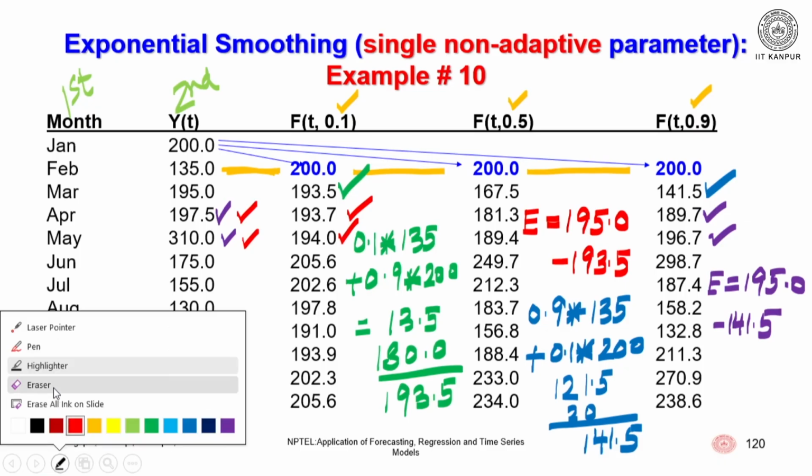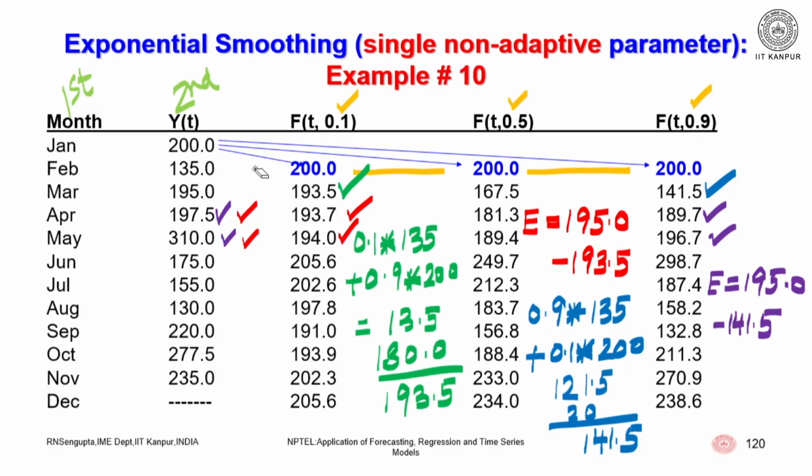I can give weightages to find out the weighted squared errors, average of the weighted squared errors. I can find out the absolute error, I can find out the weighted absolute error, and based on that I can proceed. Now, here in this slide, I will erase all these things, so let us not make it too cluttered.